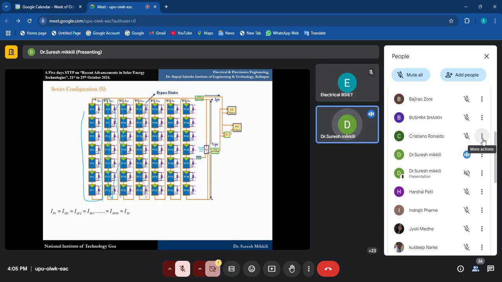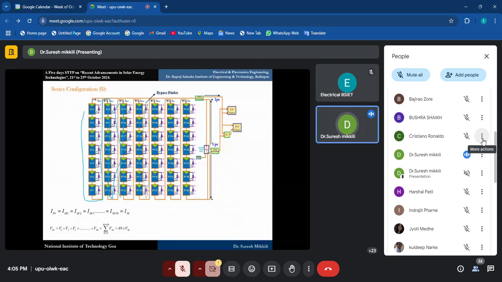But what about the voltages? Voltages are a summation: VPV is equal to V1 plus V2 plus V3 and so on up to V49, which is 49 times Vm. Under uniform shading condition, it is 49 times one module.